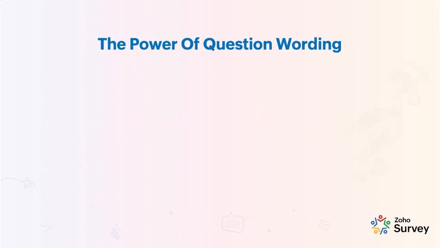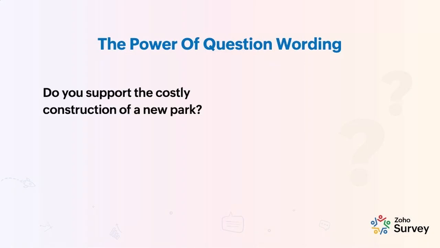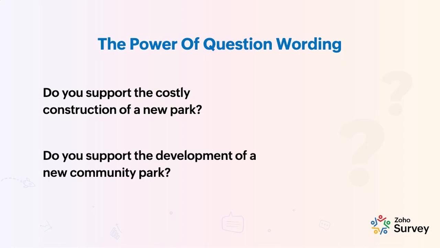That being said, we all know words are powerful, and in surveys, they can be the difference between clarity and confusion. So, for example, we are exploring public opinion on a new park, asking, "Do you support the costly construction of a new park?" versus, "Do you support the development of a new community park?" can give you vastly different responses.